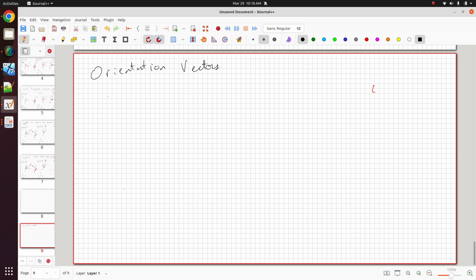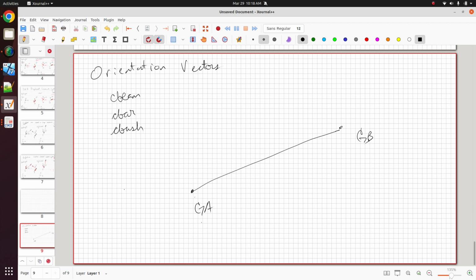Now let's talk about orientation vectors. Typically you use an orientation vector when you're working with the CBEAM element, when you're working with CBAR, or when you're working with CBUSH. Typically what happens is you first have a point GA, and then you have a point GB, where both of these points are maybe grids or nodes.